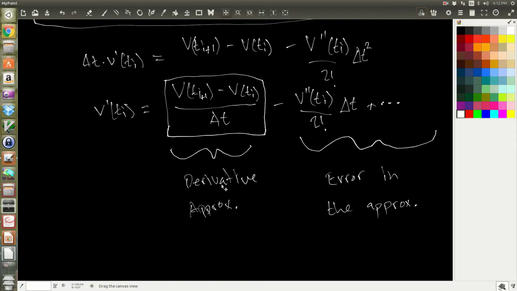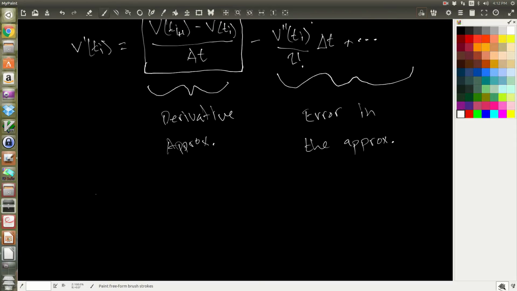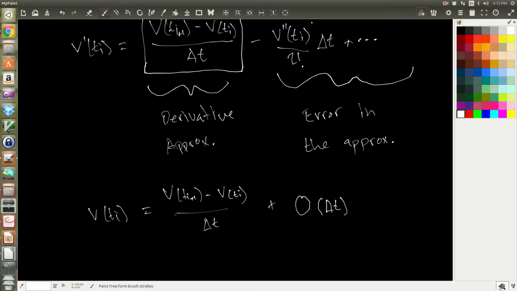So another way that we could write this is v prime at ti is equal to v at ti plus 1 minus v at ti all over delta t plus some function of delta t. And we know that it's going to scale as delta t, linear. It's not going to scale as delta t squared.